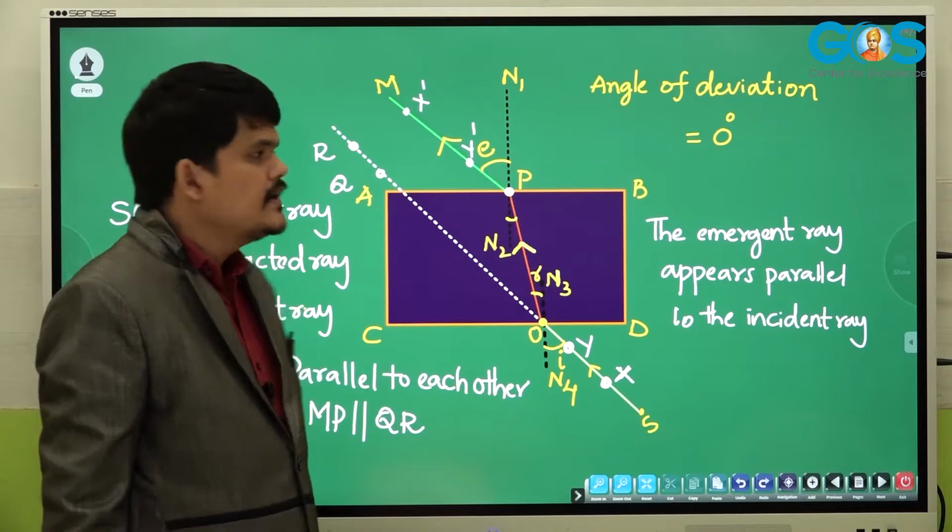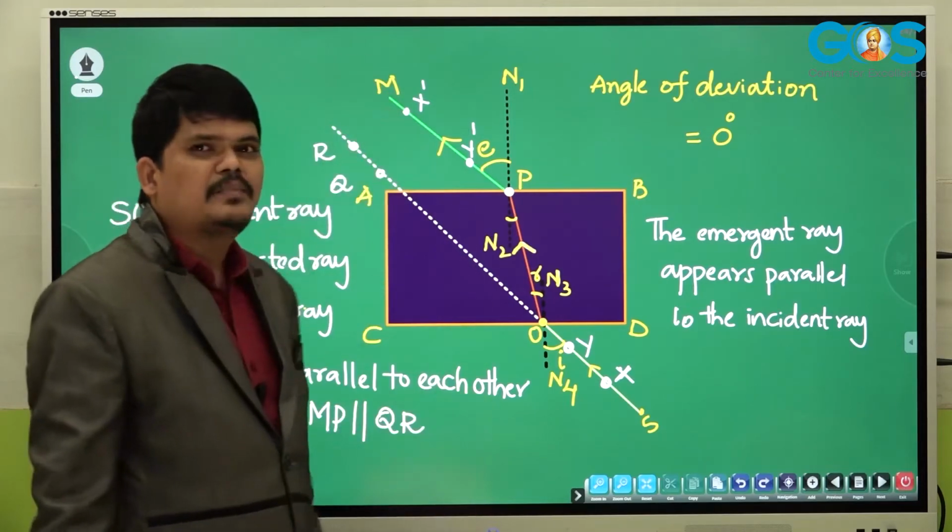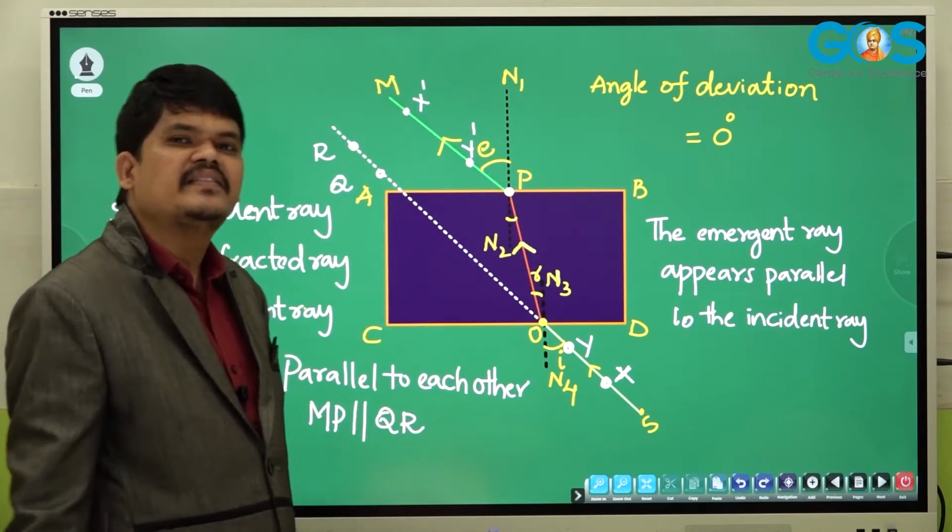They are parallel. So if the lines are parallel, what is the angle between them?